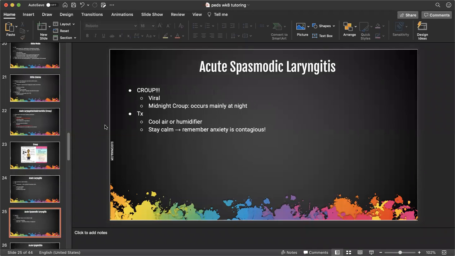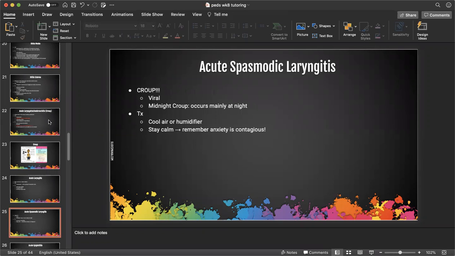Acute spasmodic laryngitis is another variation of croup. It's viral, and it's considered midnight croup because it occurs mainly at night. The treatment for this is cool air or a humidifier, and to stay calm, because remember, anxiety is contagious.